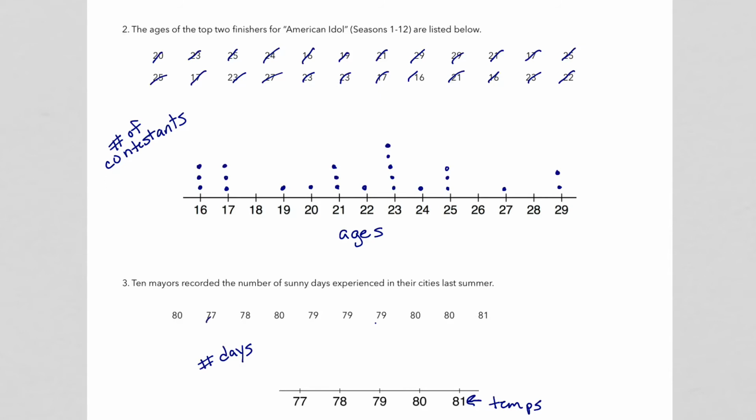So 77, we have just 1. 78, we had 1. 79, we have 1, 2, 3. 80, we have 1, 2, 3, 4. And then 81, we had 1.